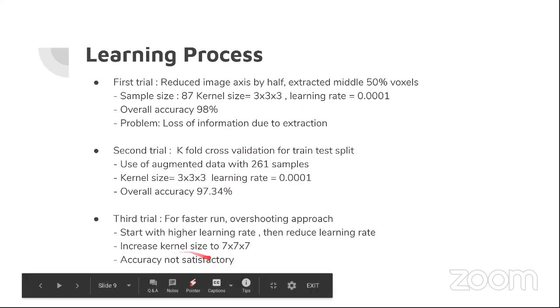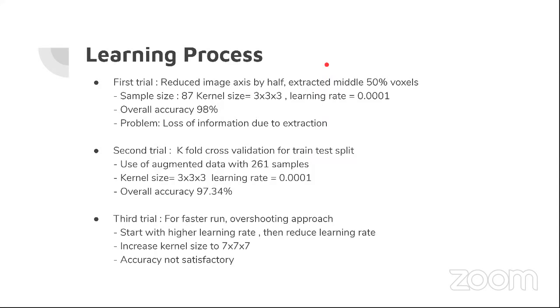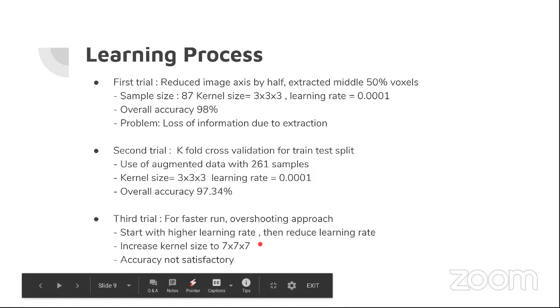Here we increased the kernel size to 7 by 7 by 7 so as to reduce the number of parameters. Originally we had about 341,000 parameters, and here we reduced the parameters by 10 to 15,000, which helped us reduce training time, but the accuracy was not yet satisfactory.